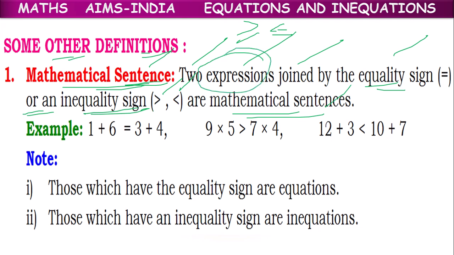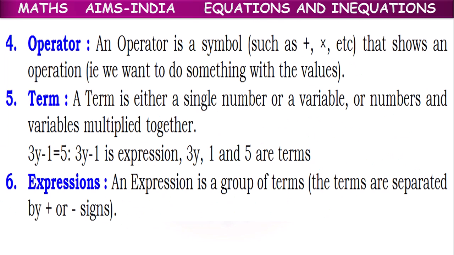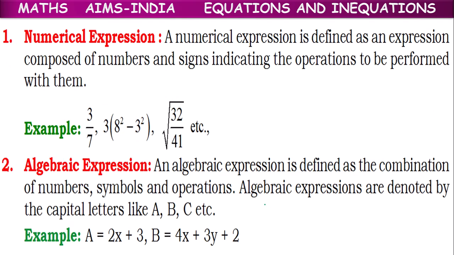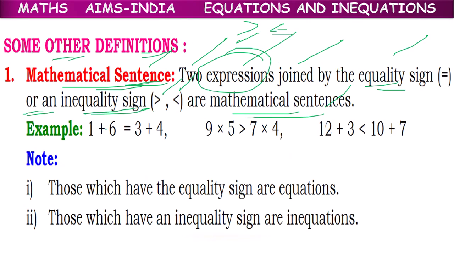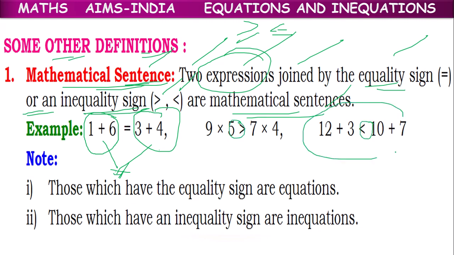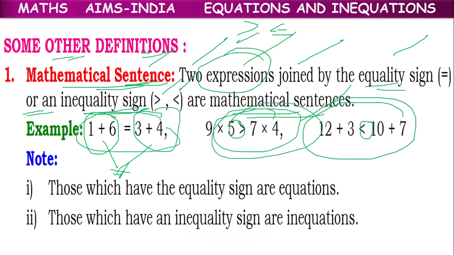So what is an expression? A group of terms joined with an operator. This is one expression, this is one expression, both of them joined by an equality sign, greater than sign, or less than sign, then this whole representation will be called a mathematical sentence.